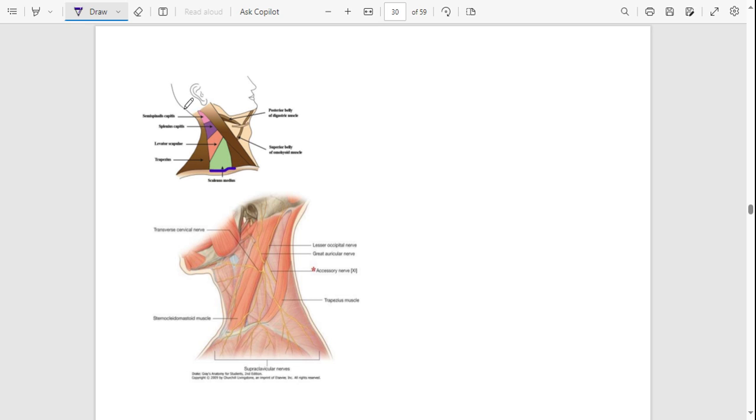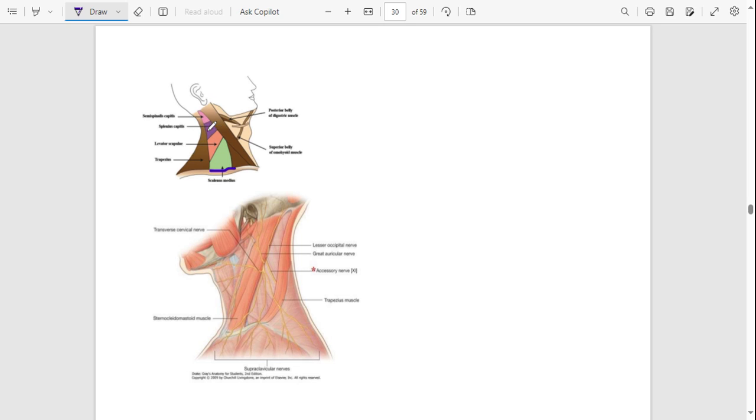When you talk about the muscles, the uppermost muscle is the semispinalis capitis.